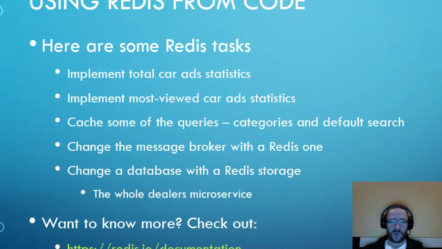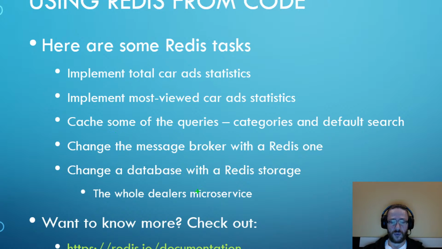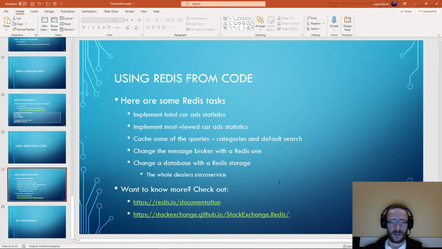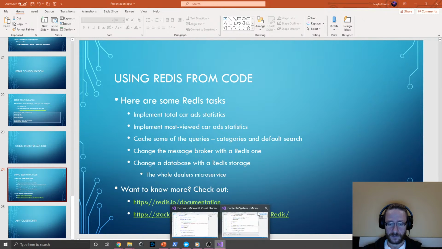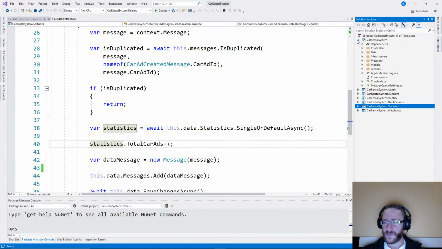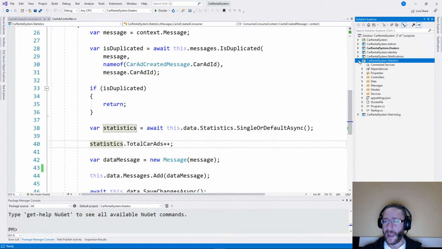So you can try everything you want from here. I'm going to implement some of these, and I'm going to introduce Redis to the system so that it will be easy to use. Okay, so first things first, we need to add Redis as a service.